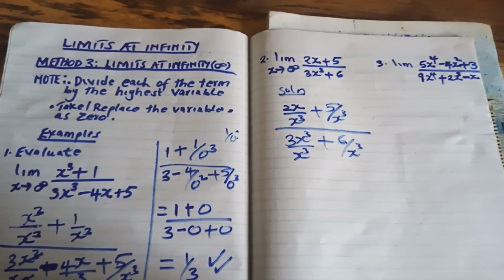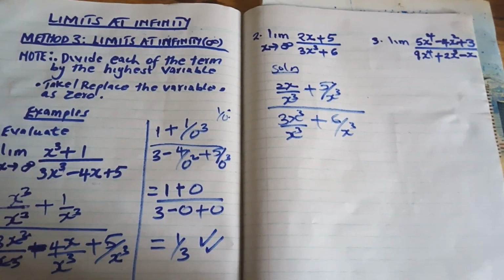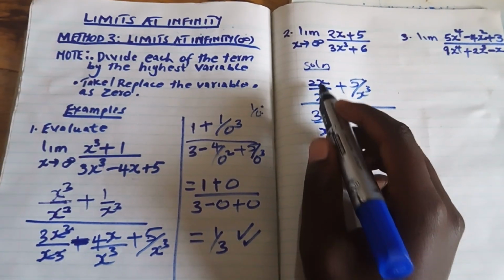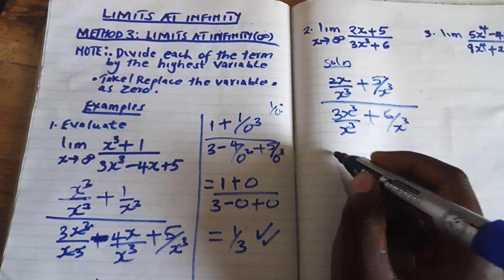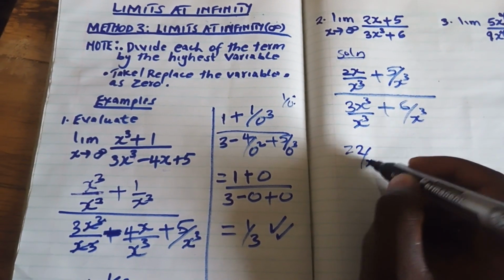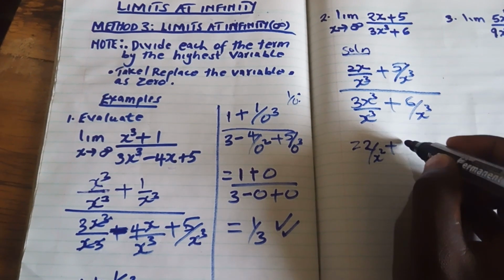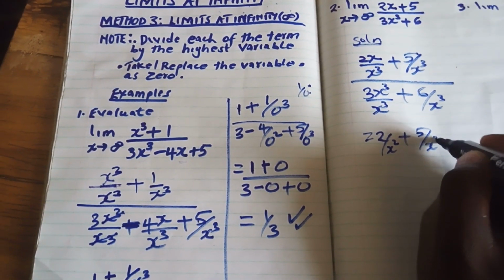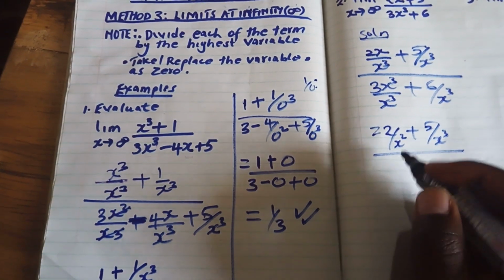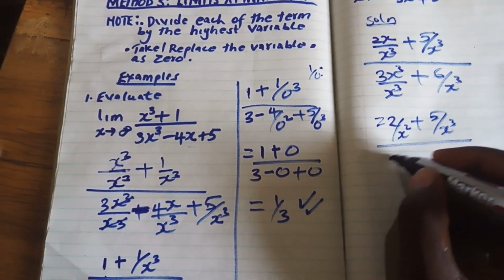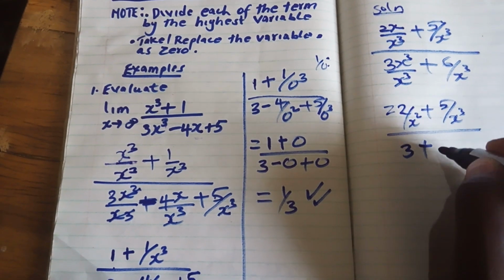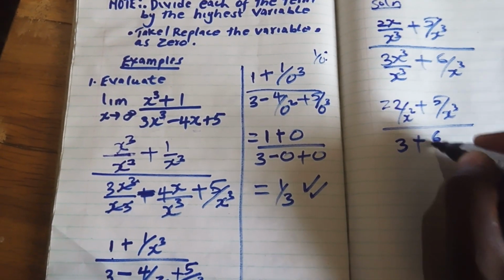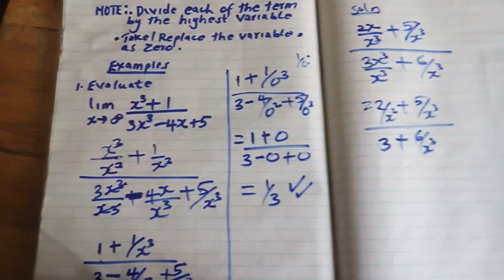That's how we are doing it. Then this x will cancel, this one will remain 2 out of x squared plus 5 out of x cubed, all over 3 plus 6 out of x cubed.